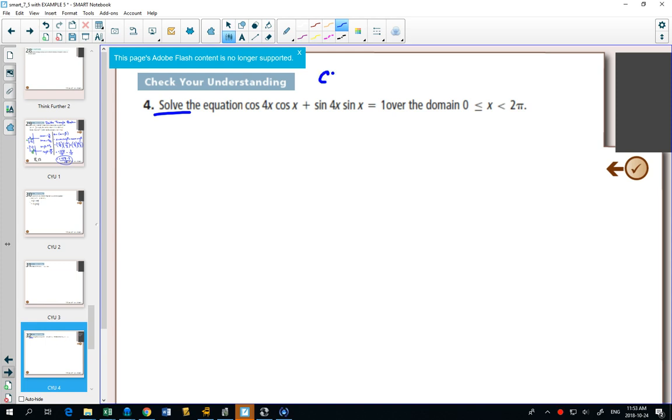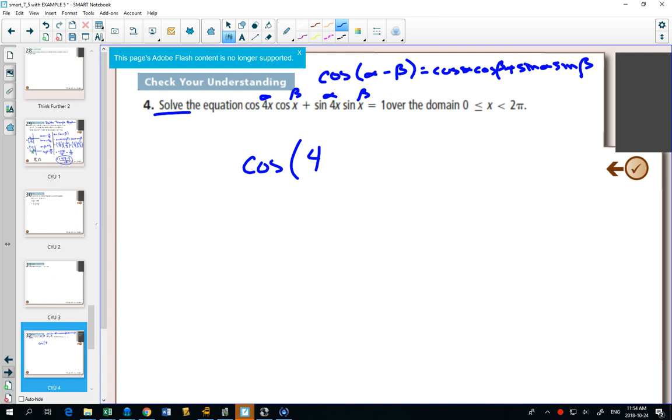Your cos alpha minus beta formula is cos cos plus sine sine. So that means alpha is 4x and beta is x. It matches up perfectly. So I can rewrite the left-hand side of my equation as cos of 4x minus x.